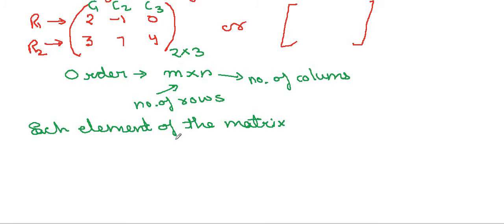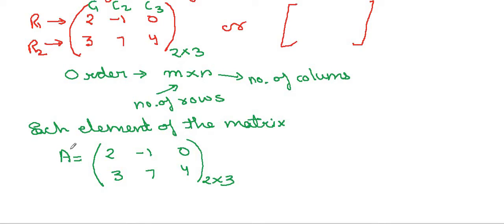These are the 6 elements of the matrix, right? Each element has its address as well. Suppose A is equal to this same 2 by 3 matrix, 2, -1, 0, 3, 7, 4. A matrix is always represented by a capital letter, and each element is represented by a small letter.